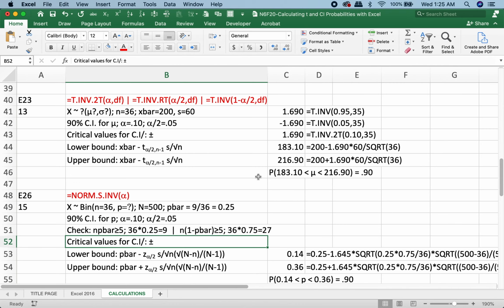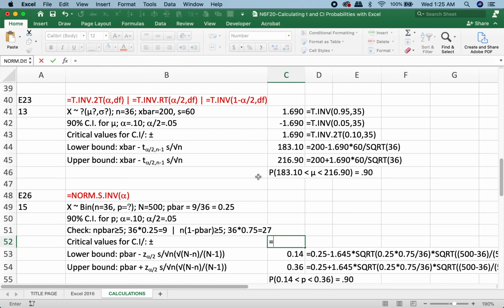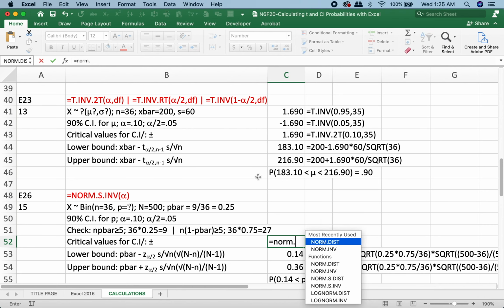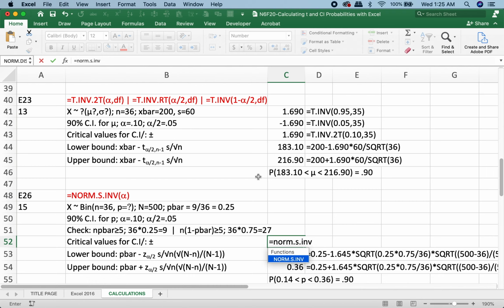And we're looking now for the critical value for the confidence interval, a plus and minus value. This is a Z value, so it'll be a norm.s.inverse, right? Inverse functions are when you're given the alpha, in this case, alpha over 2, and we would use a norm.s because it's Z. Now, in the t distribution above, the t.inv.2t, you didn't split the alpha, but here you do.